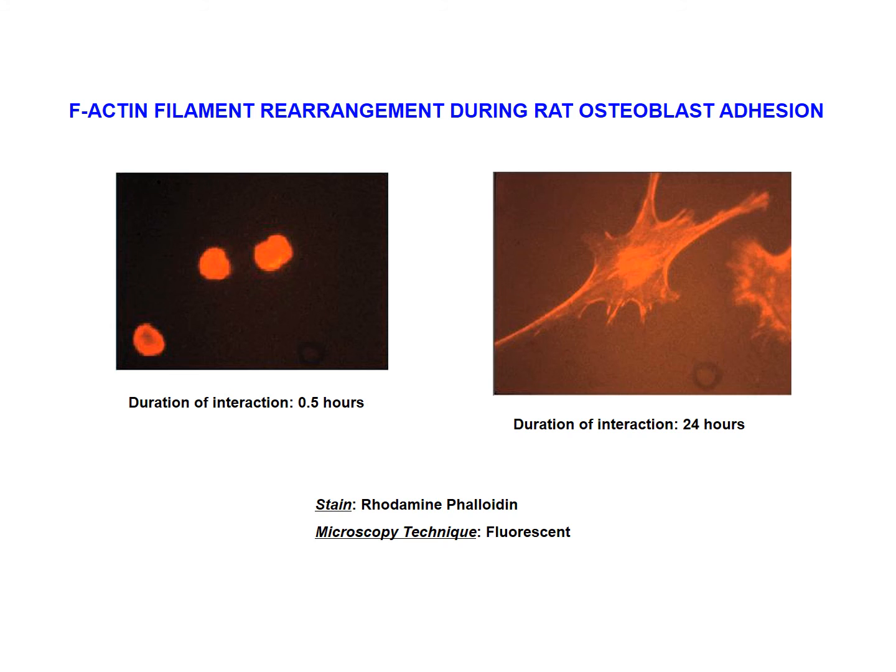That photograph was taken within half an hour after the initial interaction of the stained cells with the substrate. However, after 24 hours, the cells have adhered, they're alive and doing well. You can see how spread the cell is.